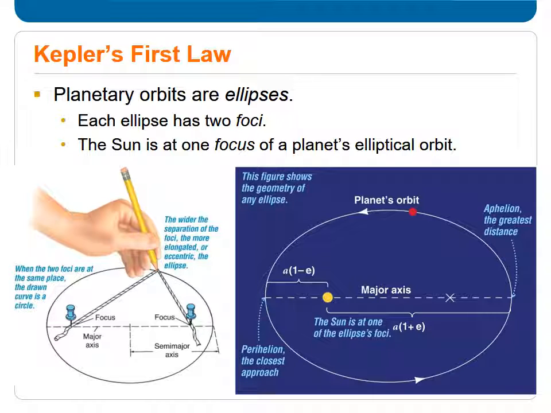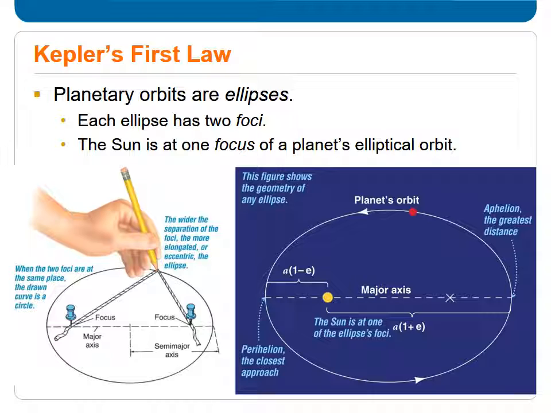Showing some Pearson graphics. On the left, showing you how to construct an ellipse. You have a string between 2 thumbtacks, and the string will keep a constant length from the locus, or the set of points that form the ellipse, and the 2 thumbtacks.